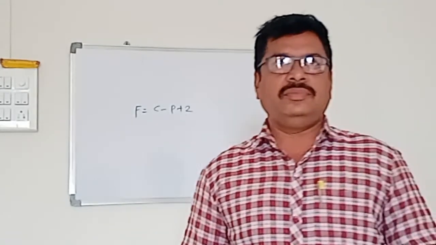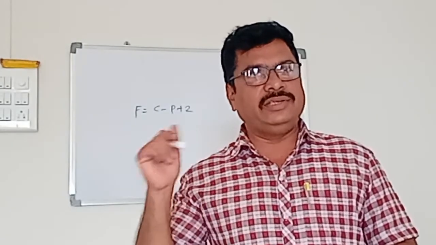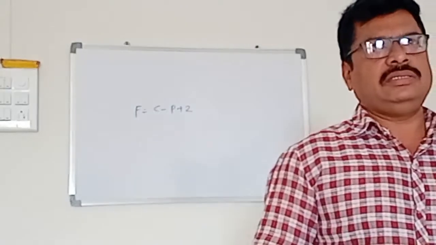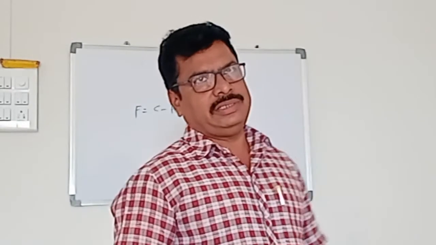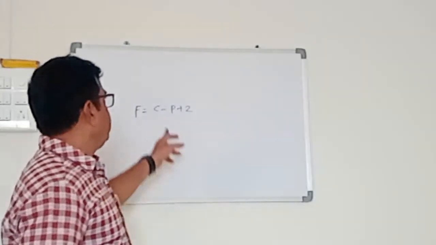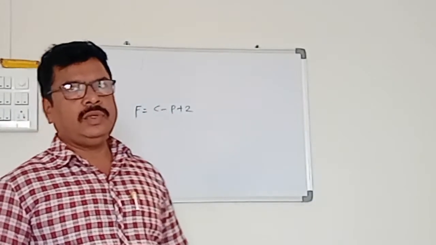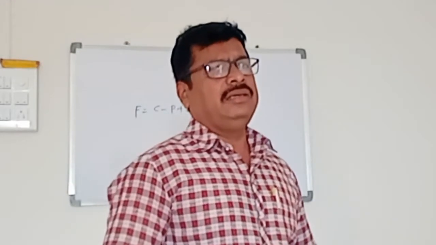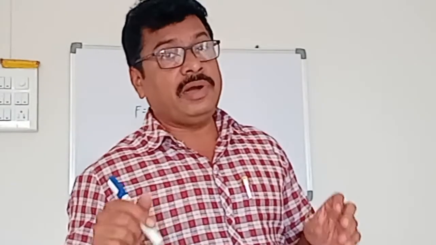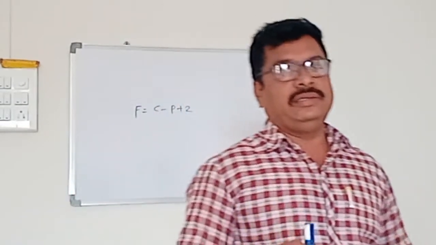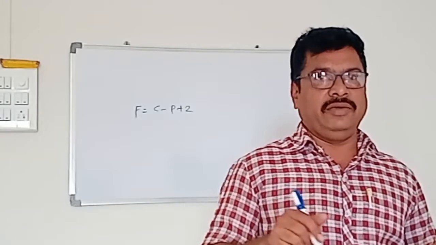Another term of the phase rule equation is the number of components, represented by letter C. What is C? C is nothing but the number of components present in the system in equilibrium.